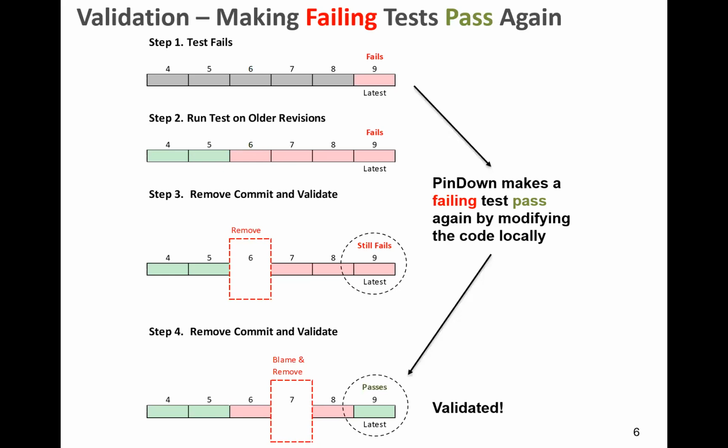Another advantage, which is sort of related to this: if you skip the validation process from the start, and let's say you have 100 commits, something we haven't mentioned is that Pindan is doing parallel binary search, and that parallel binary search is also weighted using the values from the bug prediction.